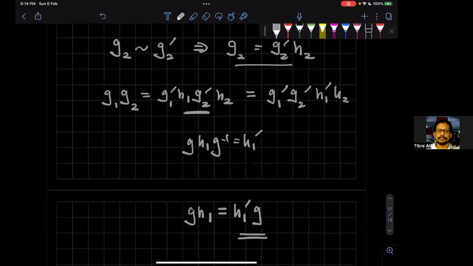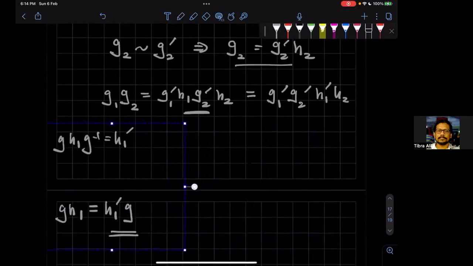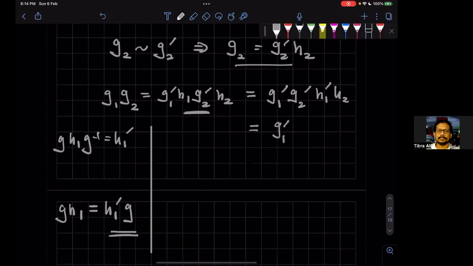Okay, so let me just carry this on the side. So what this means is that we have g1 prime g2 prime times some h, let's call it h3.